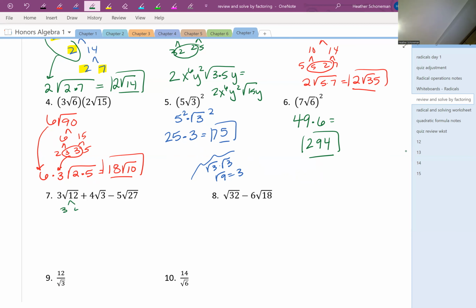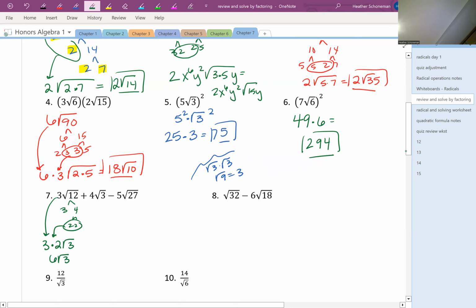So 12 is 3 and 4, 2 and 2. So we have the 3 from the outside, the 2 that comes out, and the 3 underneath. So I get 6 square root 3 plus 4 square root 3, which can't simplify anymore because 3 is prime. 27, 9 and 3, 3 and 3.